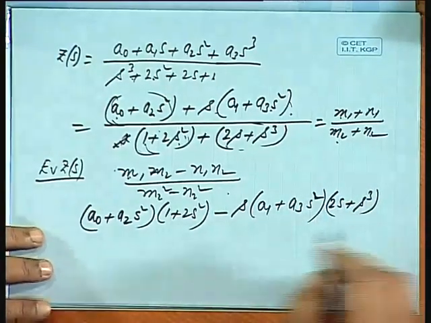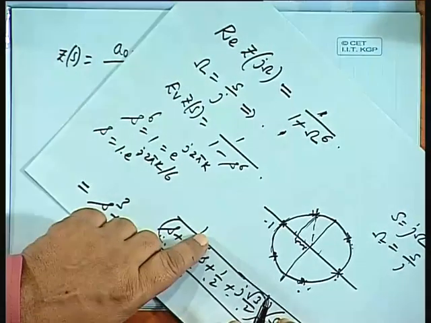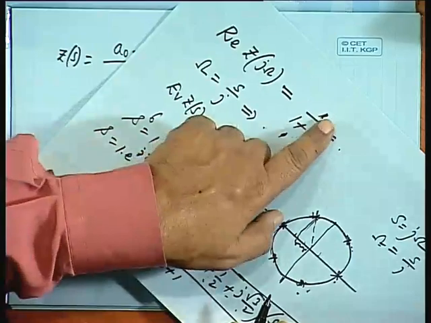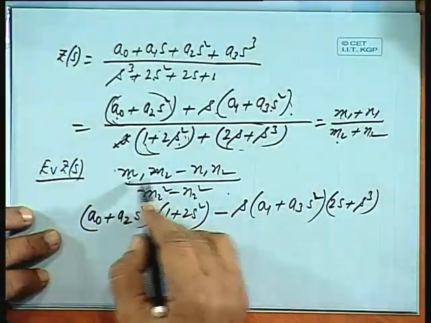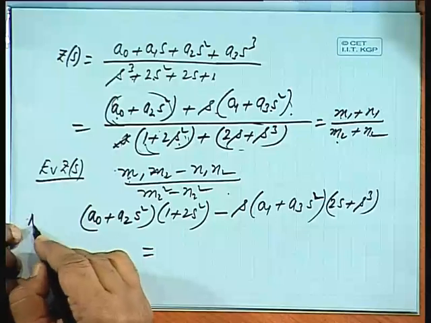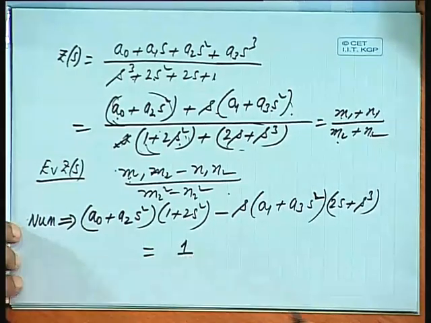That should match with that numerator given, that is 1. This is the numerator M1 M2 minus N1 N2, and that should be equal to 1.